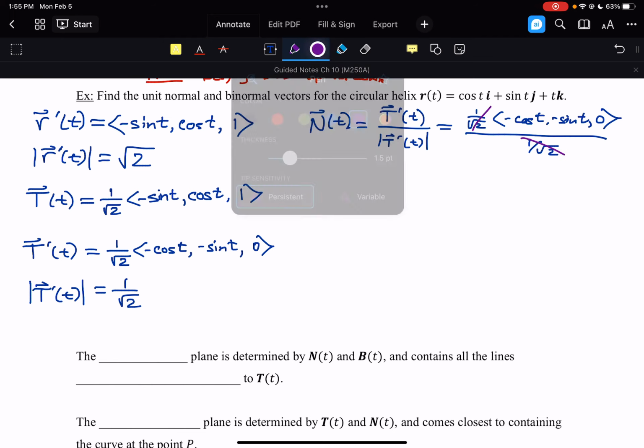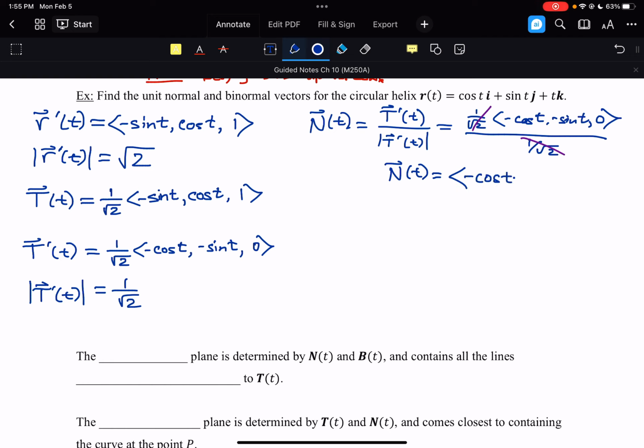Those are gone. So we get negative cosine of t, negative sine of t, 0.